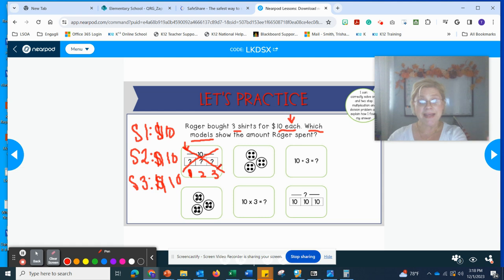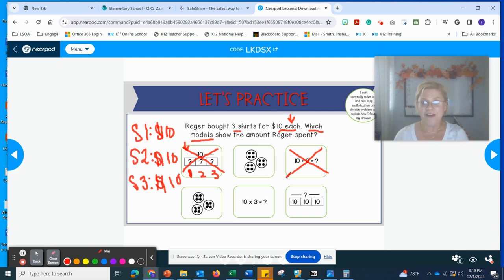And if 10 is not our total amount that we're breaking apart into 3 equal groups, we can get rid of the division problem that shows 10 divided by 3. So those two, get them out of here, because we're not breaking 10 up into 3 equal groups, because 10 is not our total amount, is it?